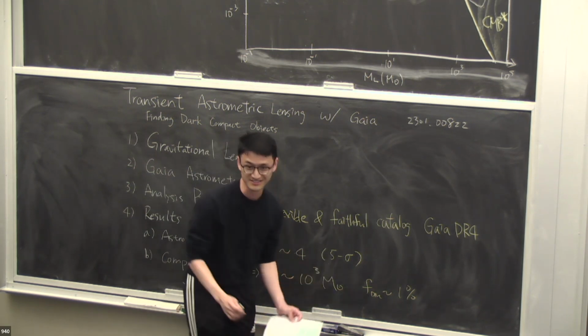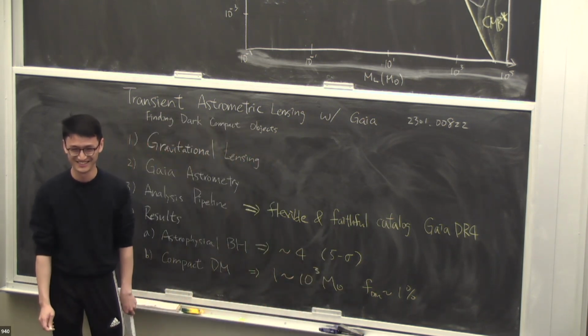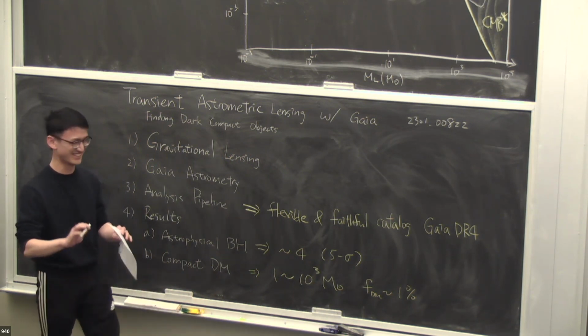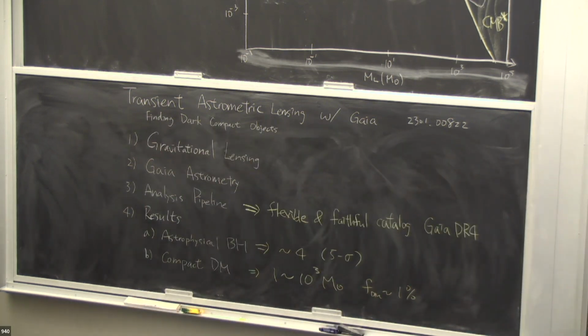I have one point of extreme pedantry. Okay. Which is that Gaia is a spacecraft, not a satellite. We can work with different terminologies, but yes. Does it have a satellite also?